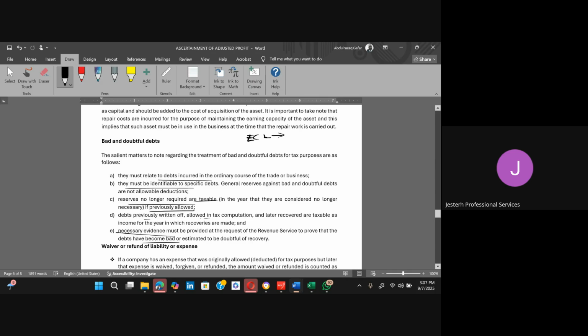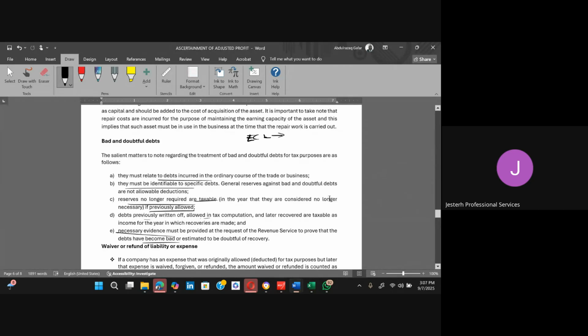You need to show to the revenue authority that you have tried to recover the debts by all means, but you are unable to do so.